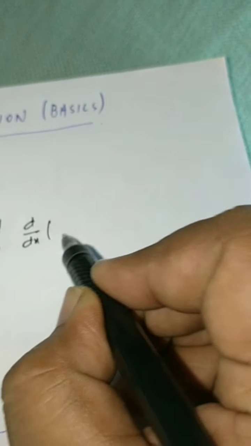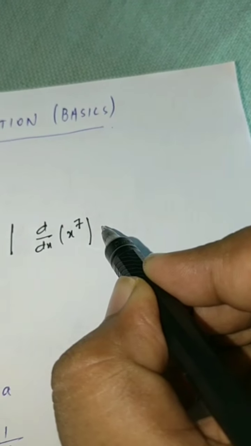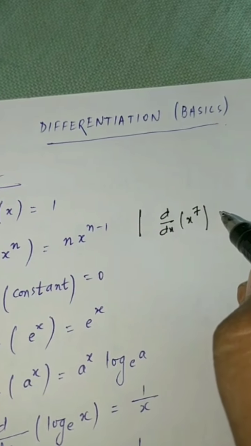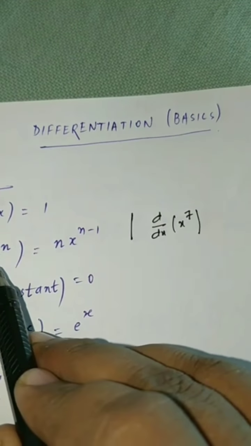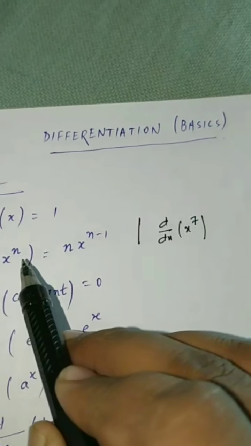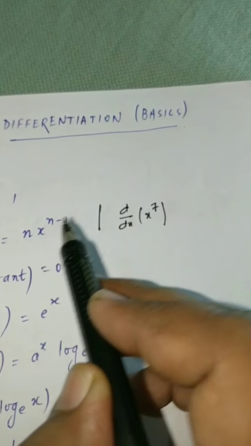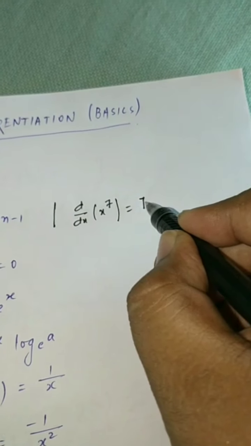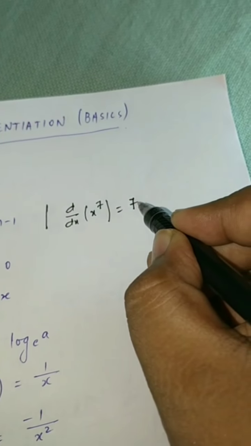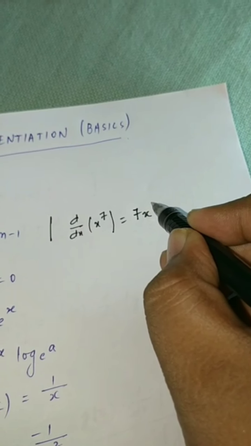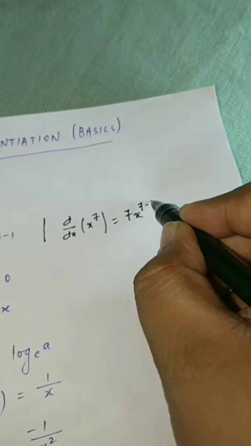For example, if they ask us to find d/dx of x power 7, what is the value of n? x power n, x power 7, so n is 7. As per this formula, the 7 will come in front, then x, and the power will become 7 minus 1.